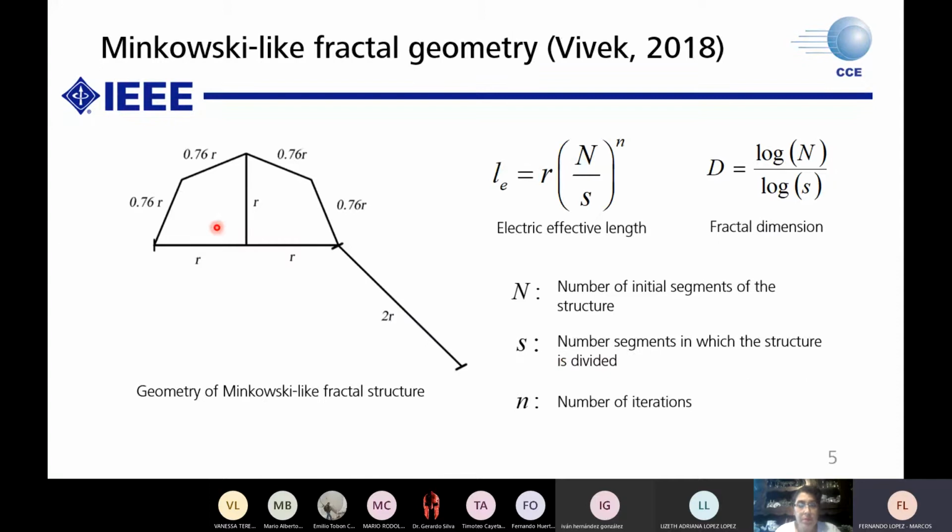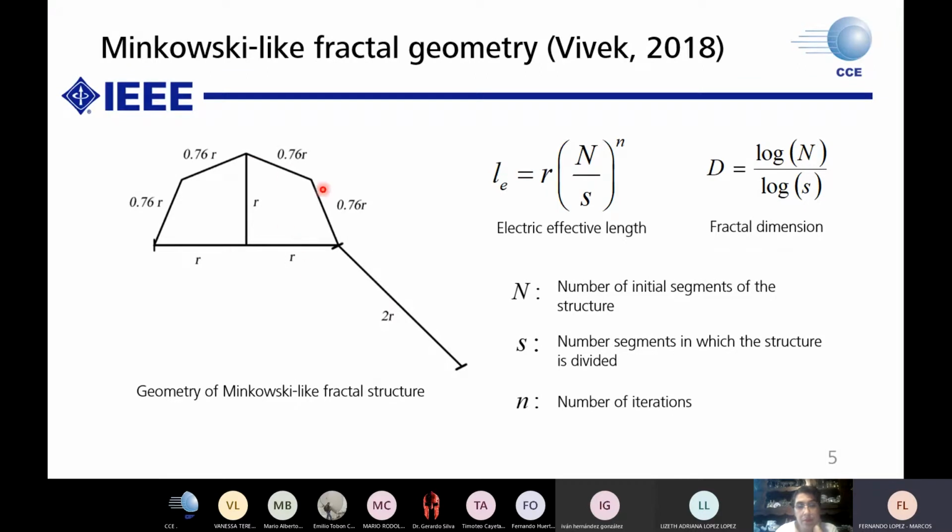In this slide, we present a fractal modification that was made in the octagonal patch. We take two sides of the patch, denoted with this letter N, and focusing on one of them, the side is divided with half of an octagon. The number of sides of the next octagon is denoted with this letter S, and the side of the second octagon is equal to one side of the main octagon.